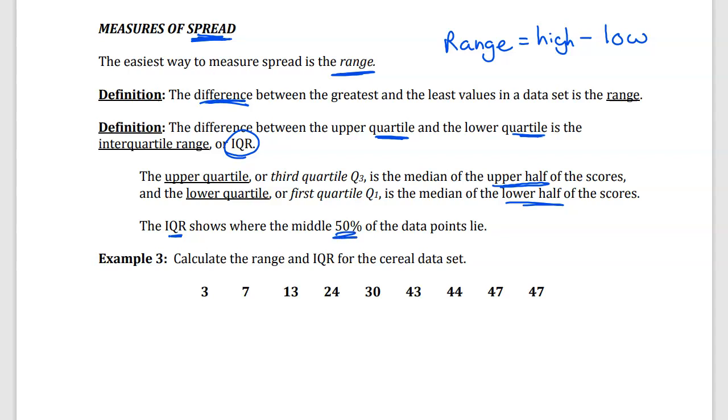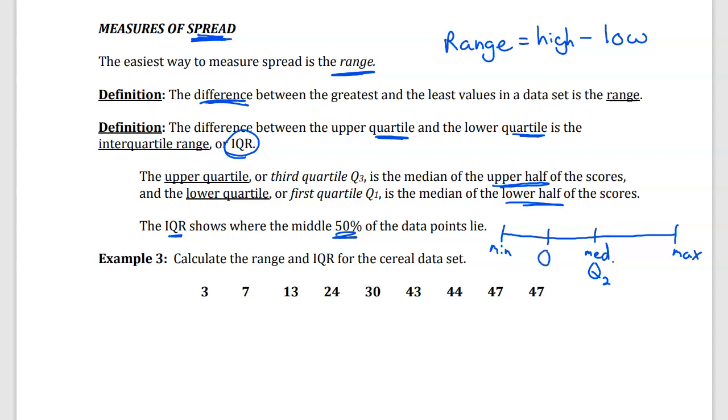Okay, let's look at what this is saying. So you have your data here. Here's your lowest. Here's your highest. Here's your median, which we also call Q2. Okay, quartiles.